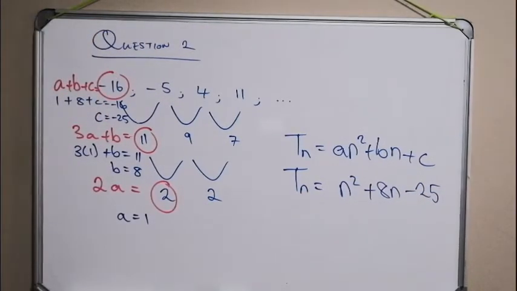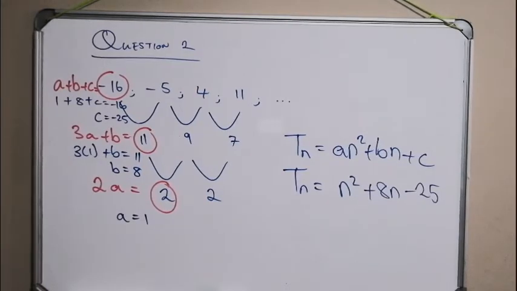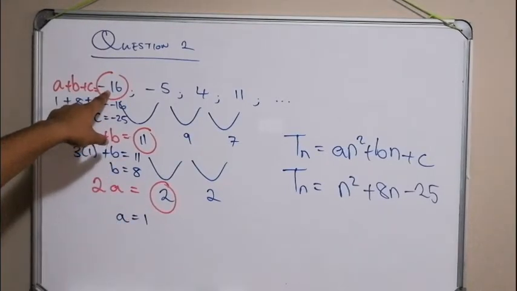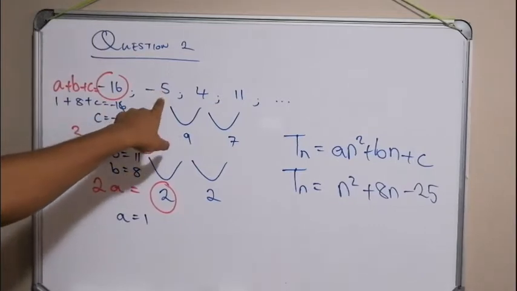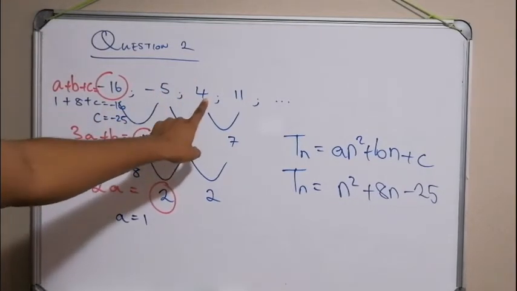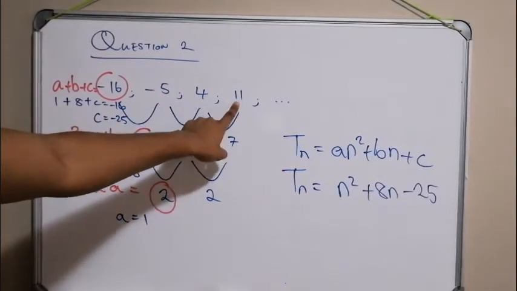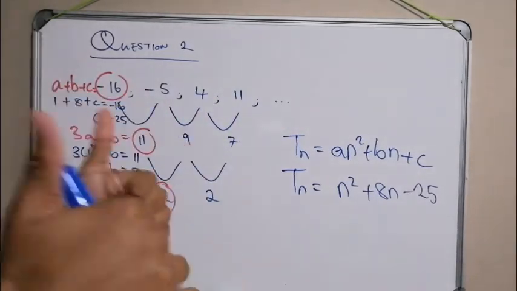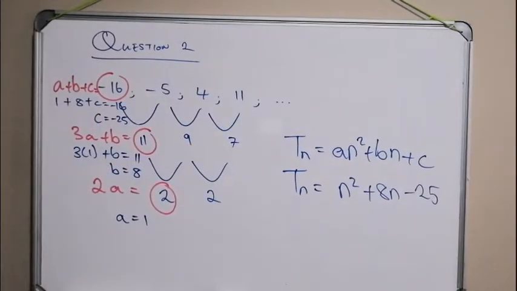Okay, so just to test if this formula works, I'm going to go ahead and substitute into my calculator 1 to see if I get this term. I'll substitute 2 to see if I get the second term, and I'll substitute 3 for this and 4 for that. If it works for all 4, then I'll trust this formula. Okay.